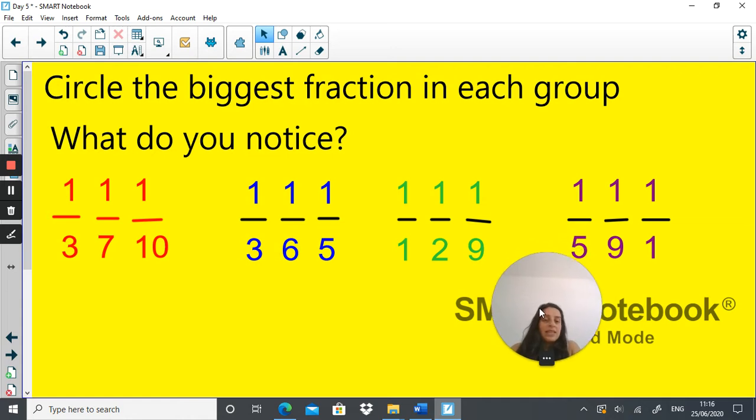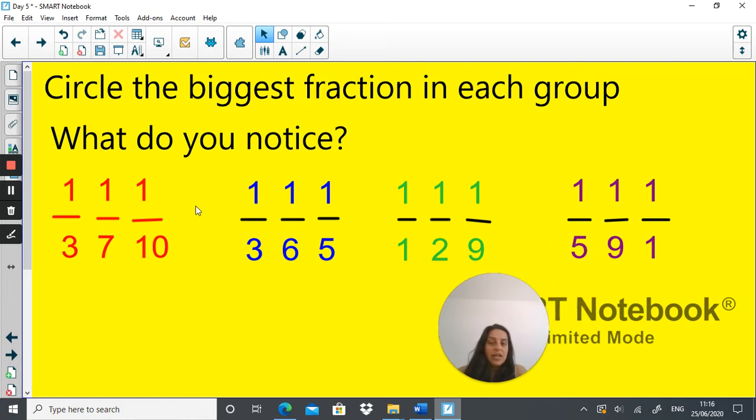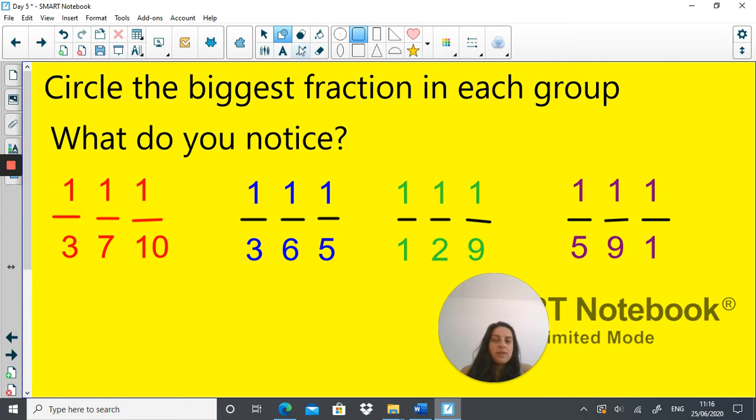So let's look at our first little mini task. Here you have sets of fractions. What I want you to do is circle the biggest fraction in each group. Pause the video and have a go. So in this group, the biggest fraction, if I can draw it in, for some reason it's not letting me do that.